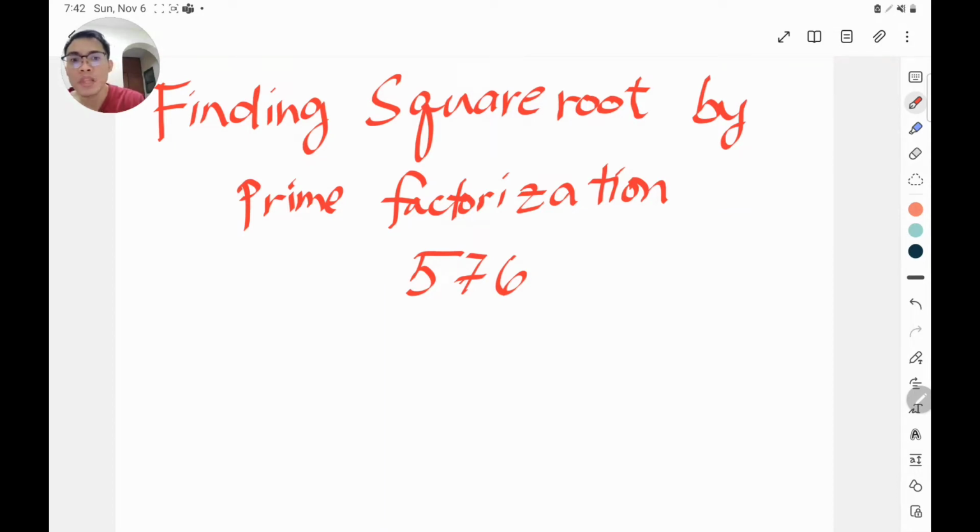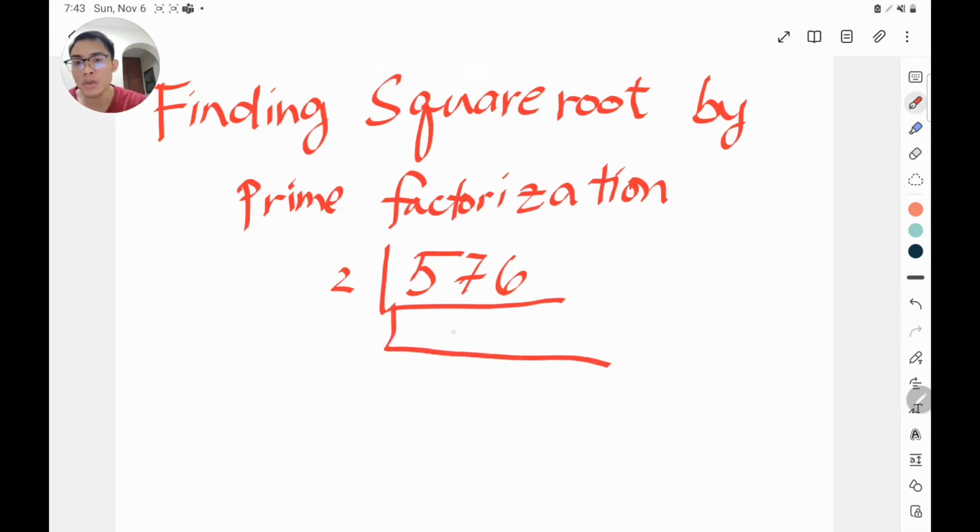Now, the first thing that we need to do is to divide 576 by the smallest prime number that we can think of. Since 576 is an even number, the smallest prime number that we can use to divide 576 is 2, because 2 is also a prime number. Right, so let's divide 576 by 2.